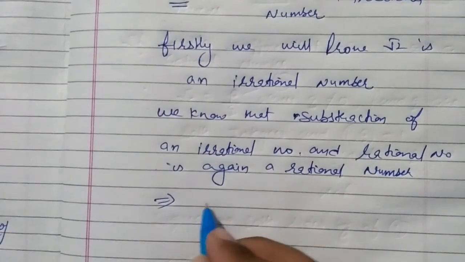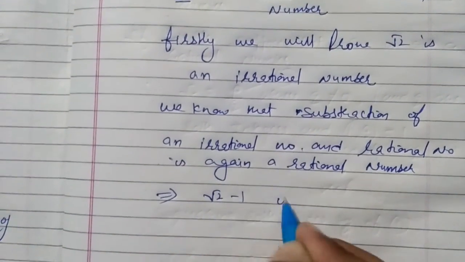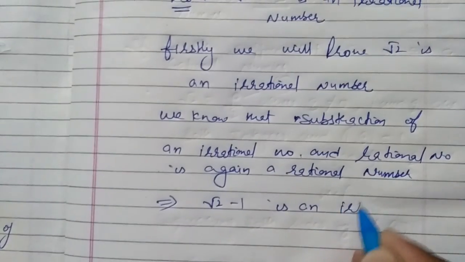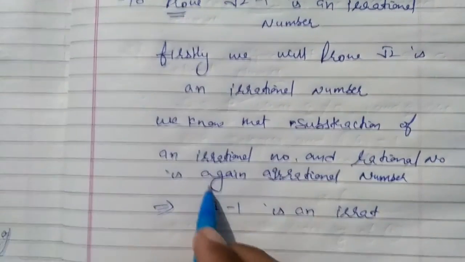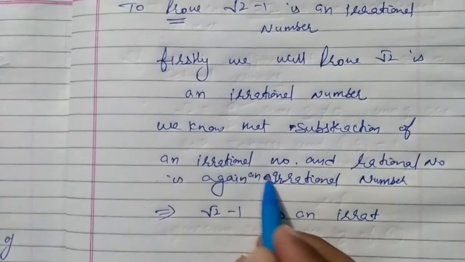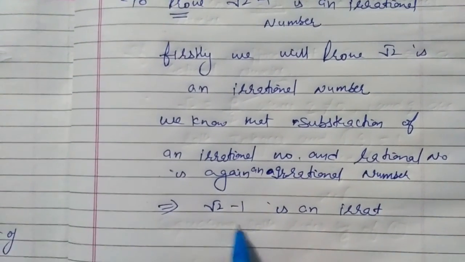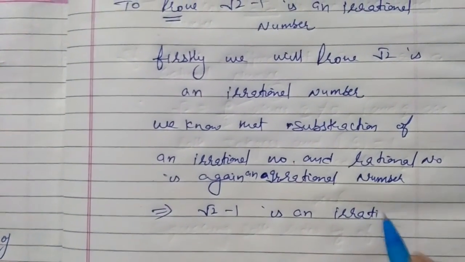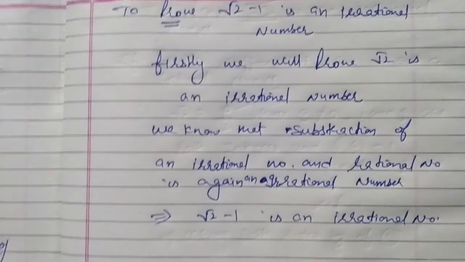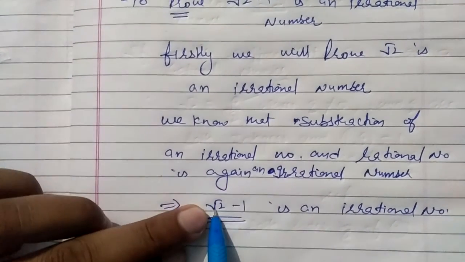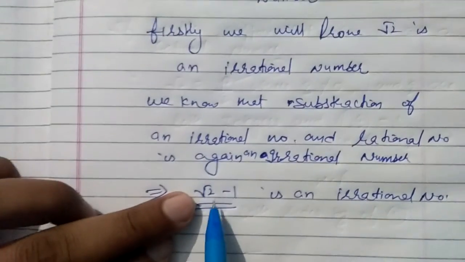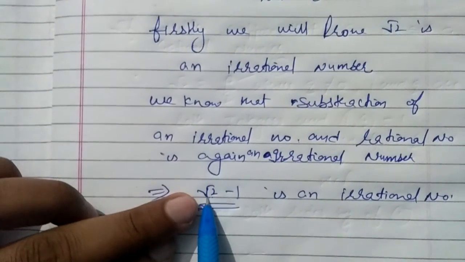This implies root 2 minus 1 is an irrational number. Because root 2 is irrational, 1 is rational, and the subtraction of these two is irrational.